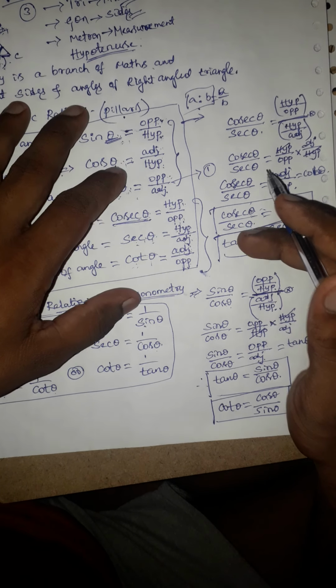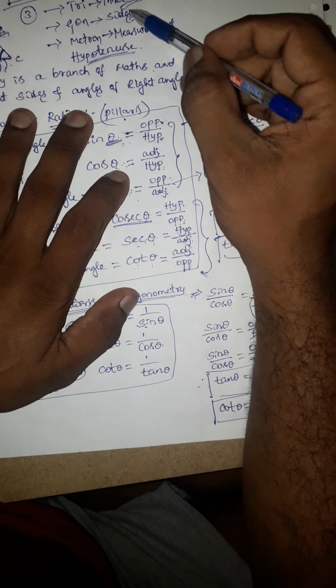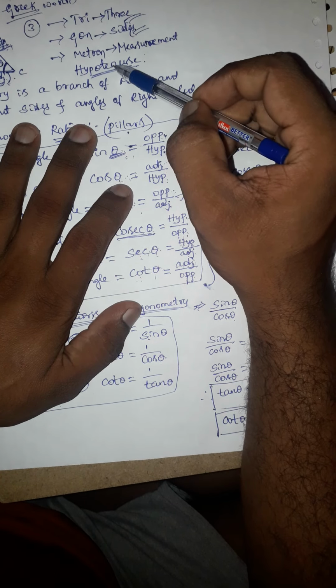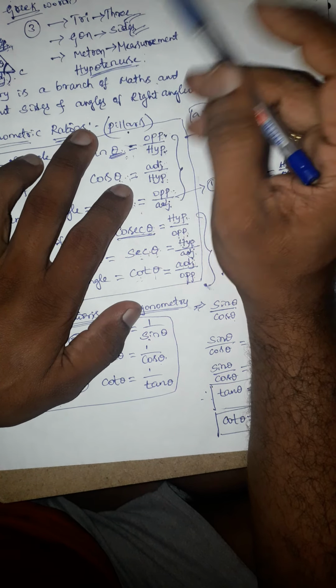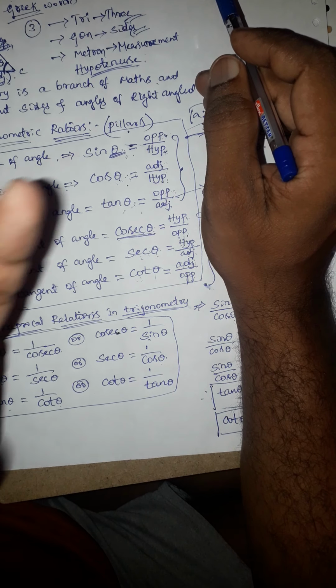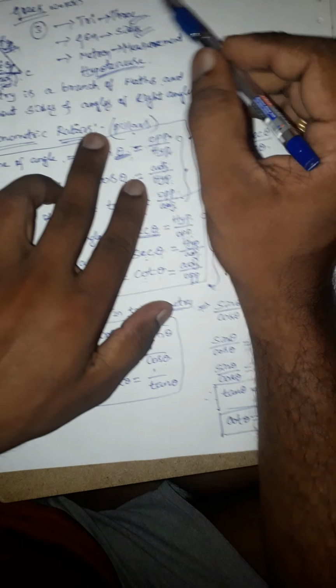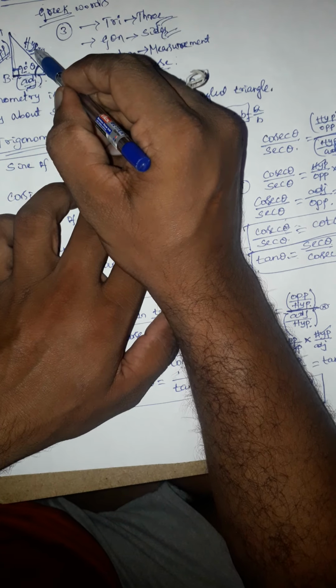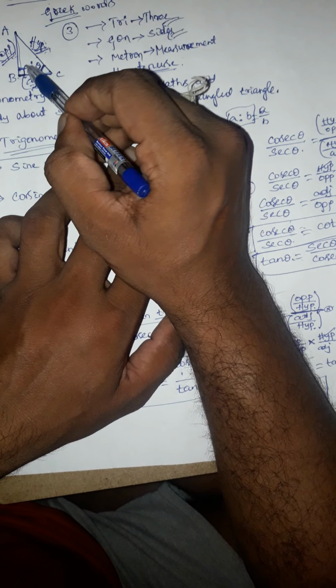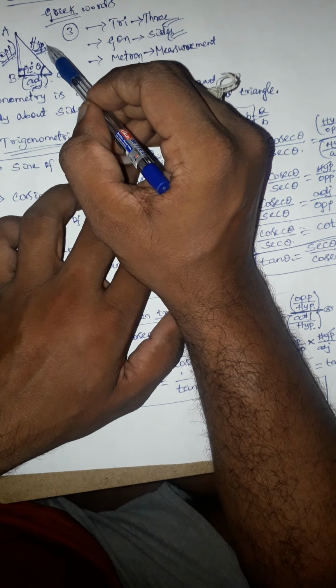So in today's class we discussed the three sides of the right angle triangle. Which are the three sides? One is hypotenuse, second is opposite, third is adjacent. Hypotenuse always depends on the right angle: the side opposite to the right angle is called the hypotenuse side.